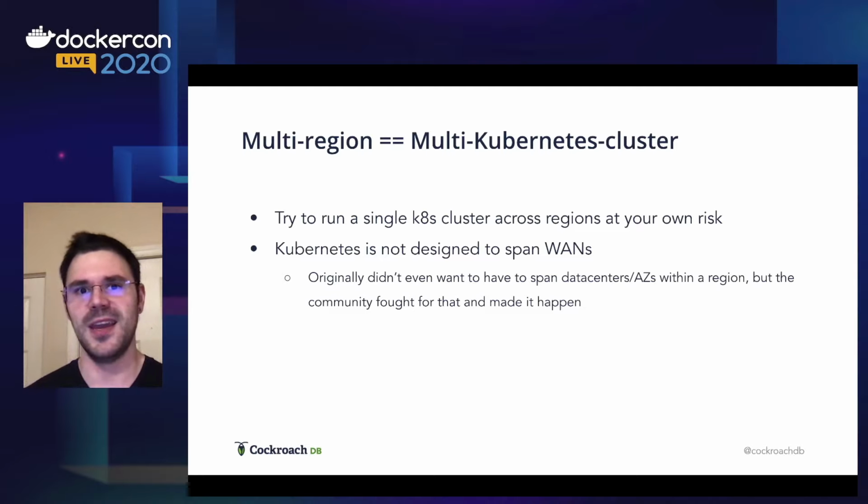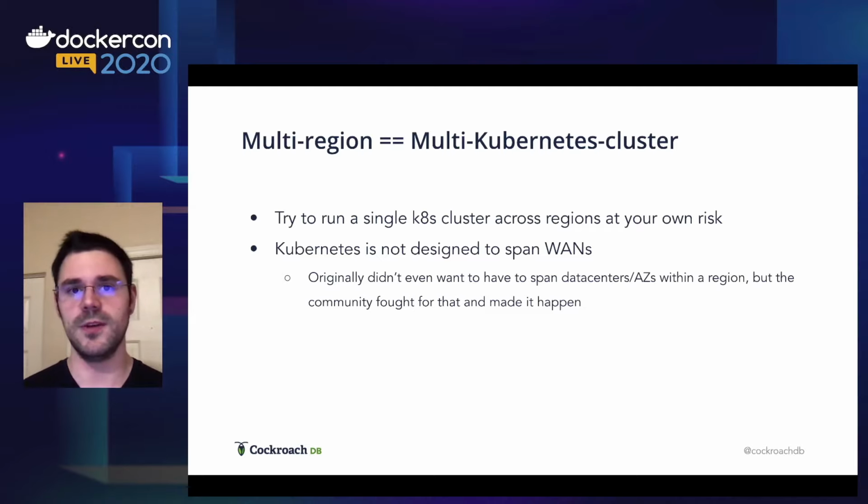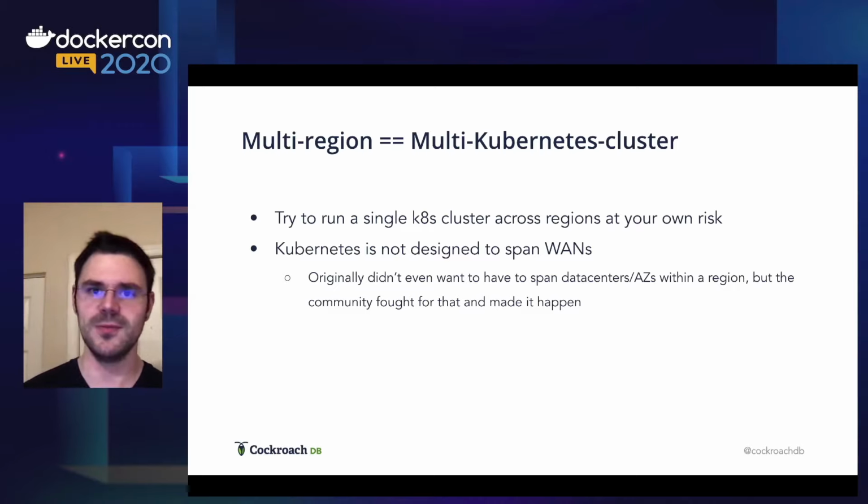This is because Kubernetes was not designed to span multiple wide area networks. Originally, it wasn't even meant to span multiple availability zones. But the community fought for that. We got it. We won. Huzzah. We can deploy high availability applications, provided that our region does not go down.